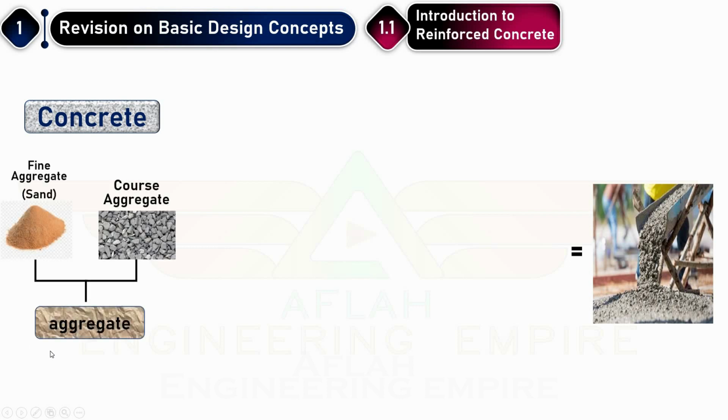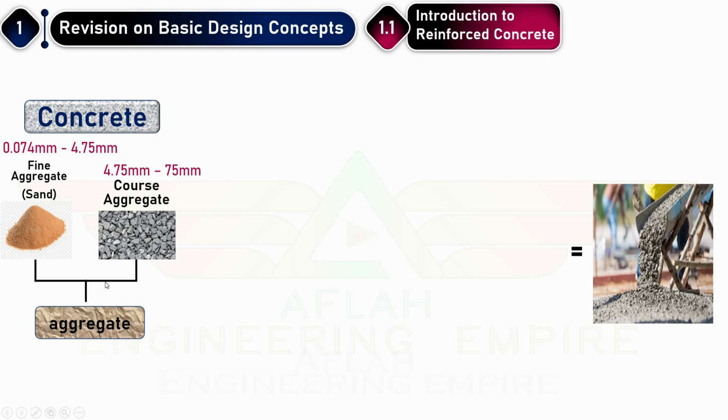The first material is aggregate, which is composed of 2 parts. The fine aggregate, which we sometimes call sand, where the particle size varies from 0.074 mm to 4.75 mm. And we also have the coarse aggregate, where the size varies from 4.75 to 75 millimeters.